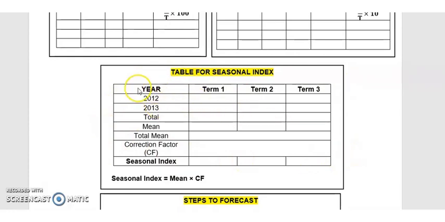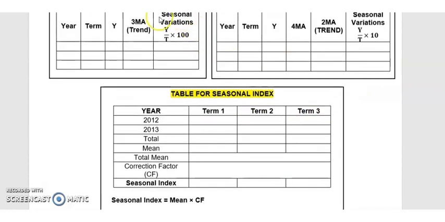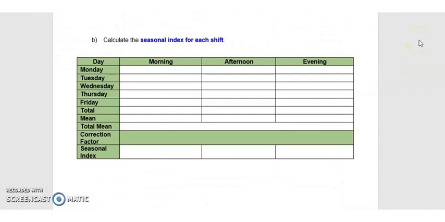Here will be the day, Monday to Friday, and the term here will be the shift: morning, afternoon, evening. You create the table for the seasonal index like this. The first column is the day, Monday until Friday. The next column will be the shift, morning, afternoon, evening, until the last day, Friday.